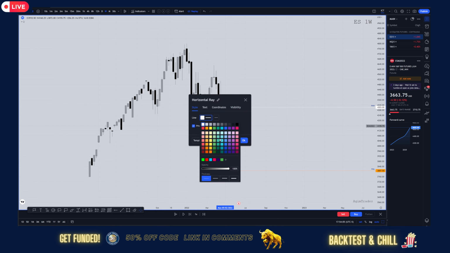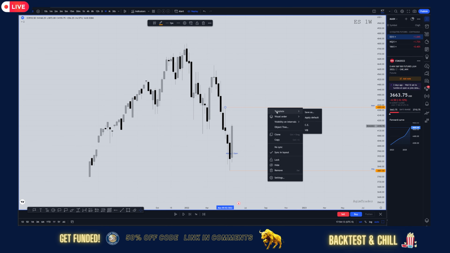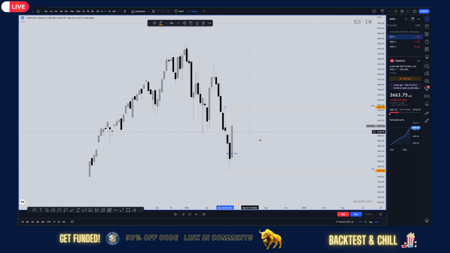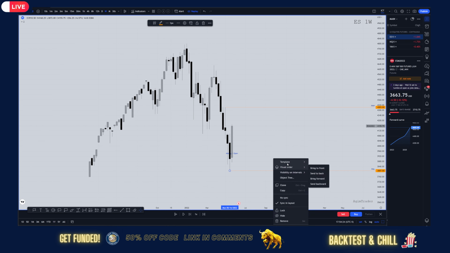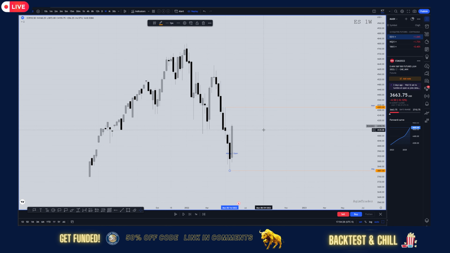I want to make some templates here so that I get consistent charting. So what I'll do here is right click and I will set it as a template. So I'll call it previous high. Template, so there's low. Do the same thing for the weekly.